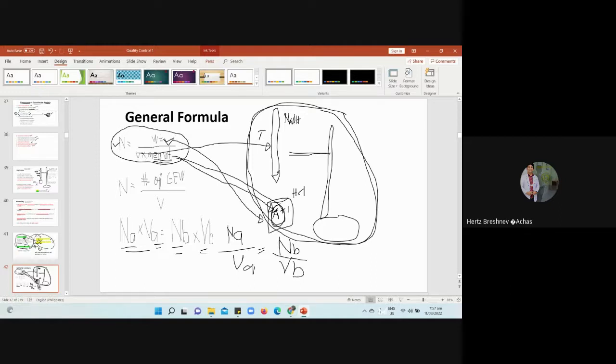So kung missing si NA, the formula is NB times VB divided by VA. So kung missing si NB, the formula is NB is equal to NA times VA divided by VB. So same with other variables. Unsaon siya sa pag-cross multiply.